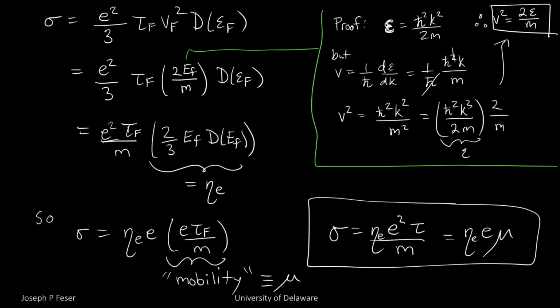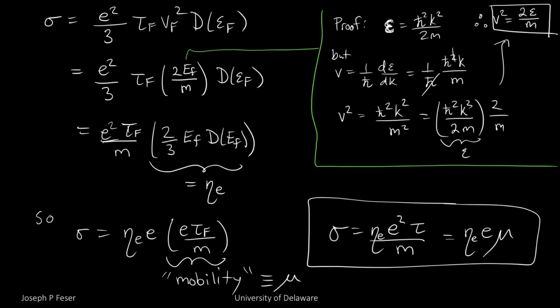But that's actually quite a general way of writing the electrical conductivity that we'll find is valid for semiconductors and conductors that are not degenerate as well. But in that case, we'll have to redefine exactly what we mean by mass and scattering time. They're not quite as well defined in other cases.